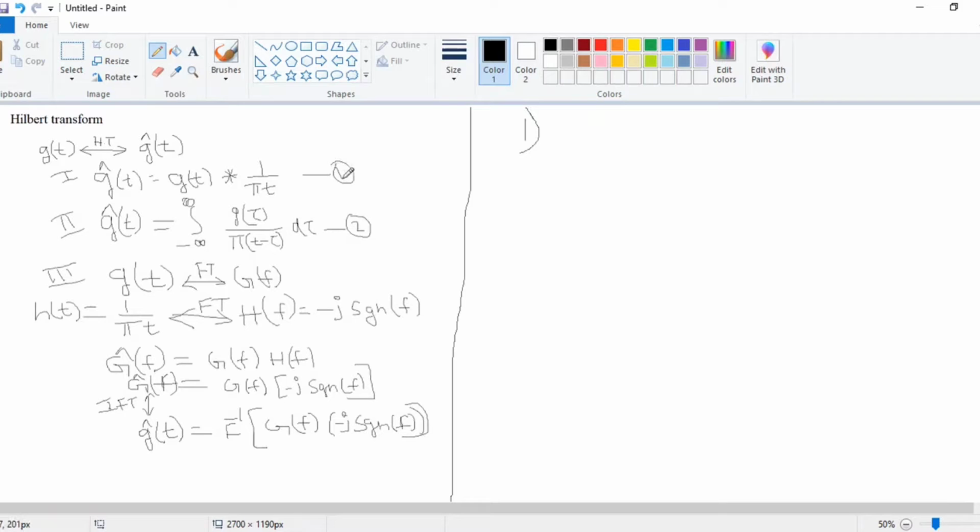Not specifically the first method, we'll directly phase shift the signal given. Have you all finished writing? No, ma'am, 1 second. Okay, write it quickly.